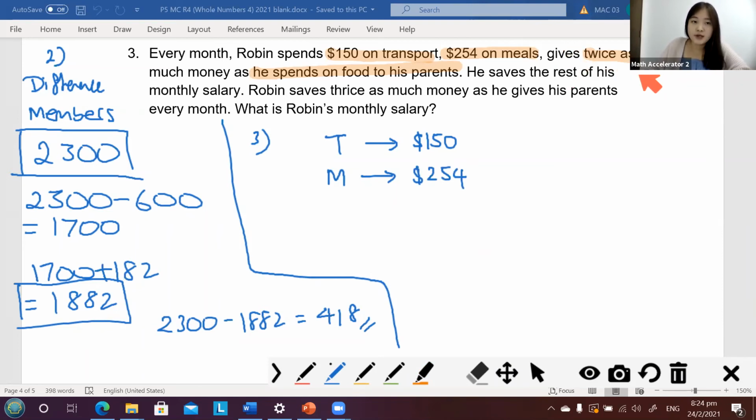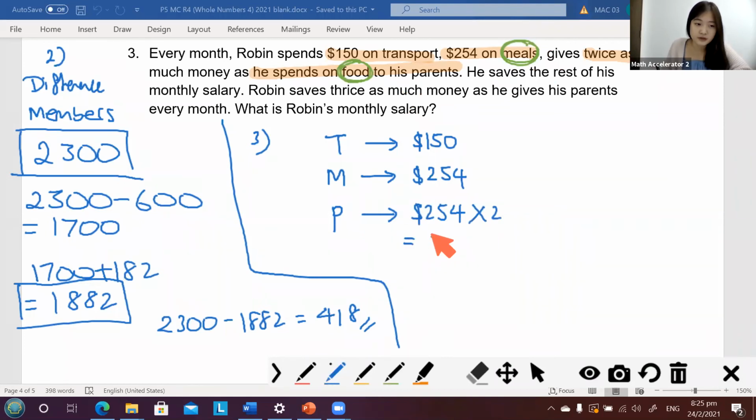And then he gives twice as much money as he spends on food to the parents. The trick here is you need to know they're talking about the food. You spend on food means you spend on the meals that you eat. So twice as much would mean 254 times 2. What do you get here?